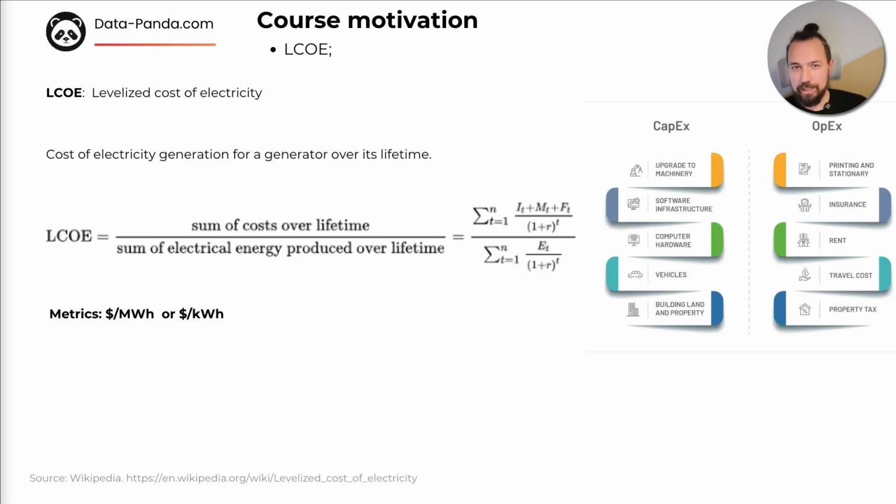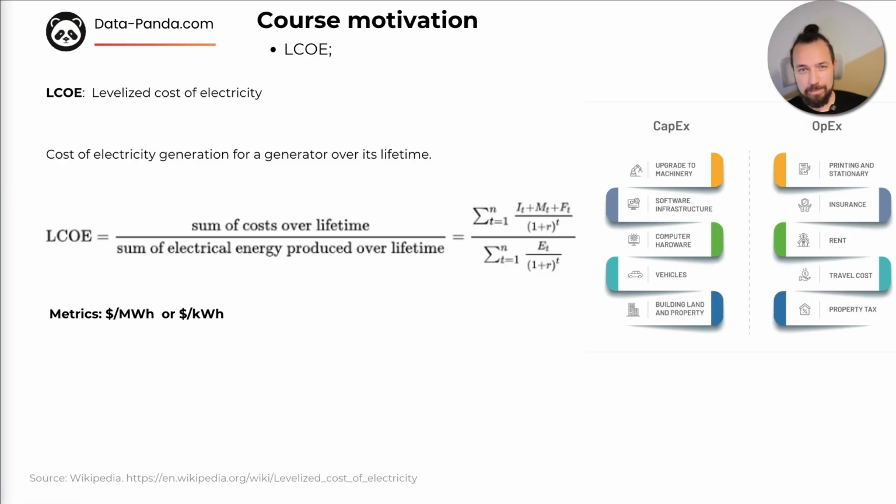We'll look in more detail. LCOE includes both CAPEX, so infrastructure and equipment, and also OPEX costs. So it's operational costs like maintenance, insurance, land, people, salaries, cost of fuel. So it considers all costs that our energy producing facility will face throughout the lifetime of the system.